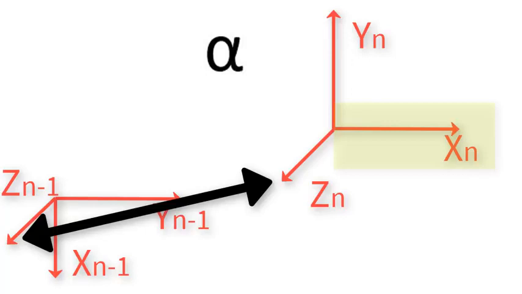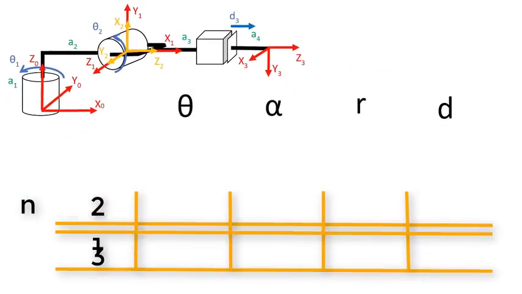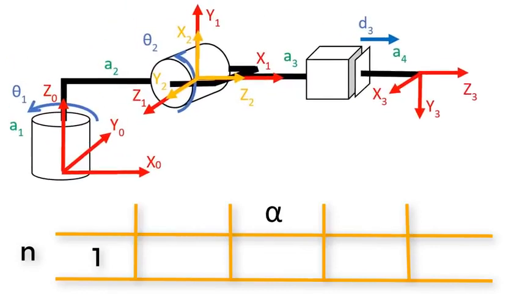Let's do an example with the same kinematic diagram. For the first row, we substitute n equals 1. So alpha 1 is the amount that we have to rotate frame 0 around the axis x1 in order to get z0 to match z1.